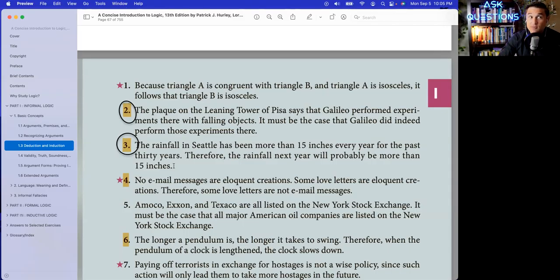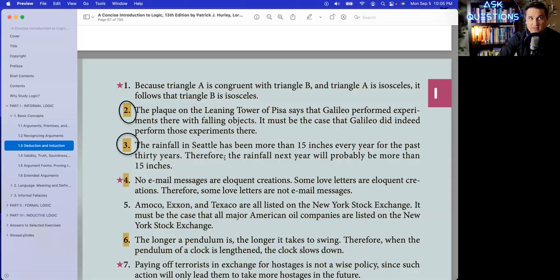Likely, but will it be 100%? No, next year, Seattle might have a dry year, right? Droughts happen all the time, at least in California. So we could imagine that this can sometimes impact states to the north of us. So this is not a deductive argument.